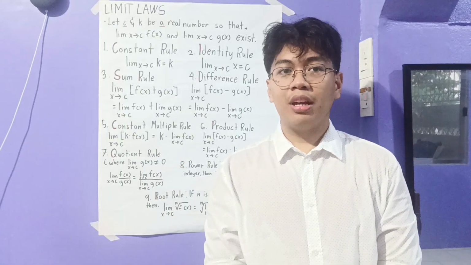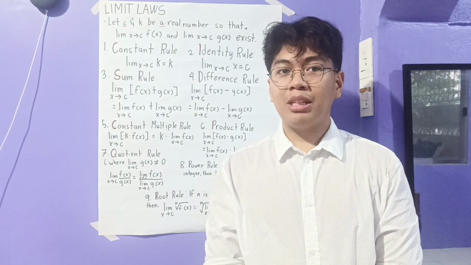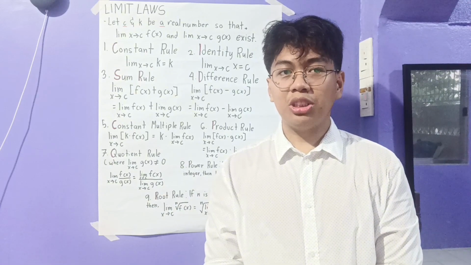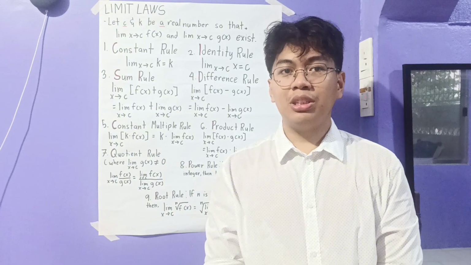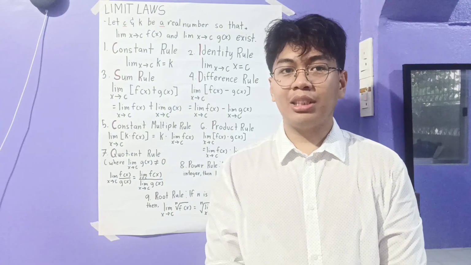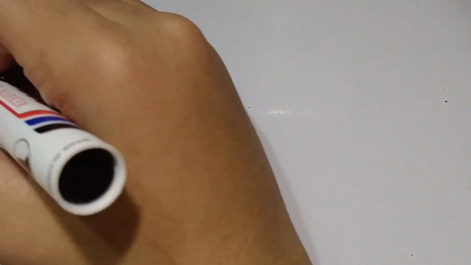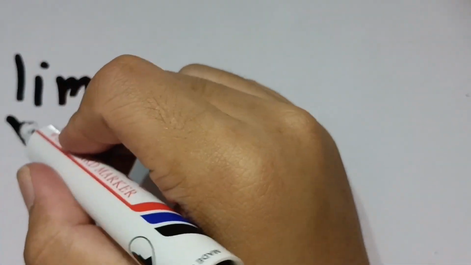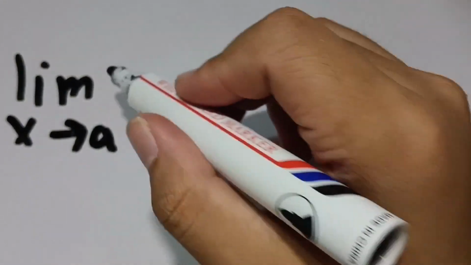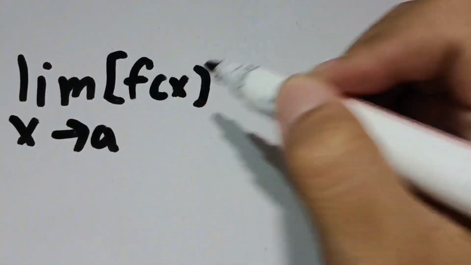Sum rule. The limit of f of x plus g of x as x approaches c is equal to the limit of f of x plus the limit of g of x as x approaches c. So this is an example of our sum rule.